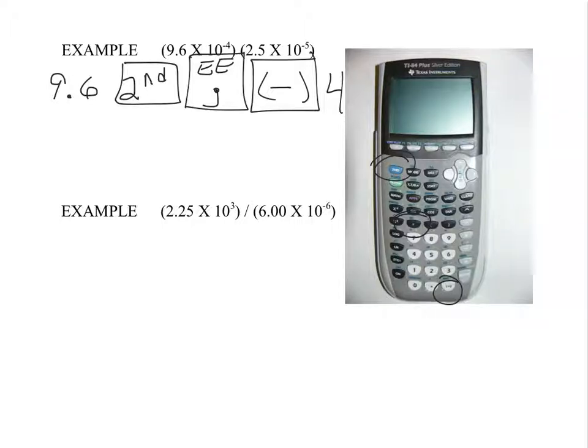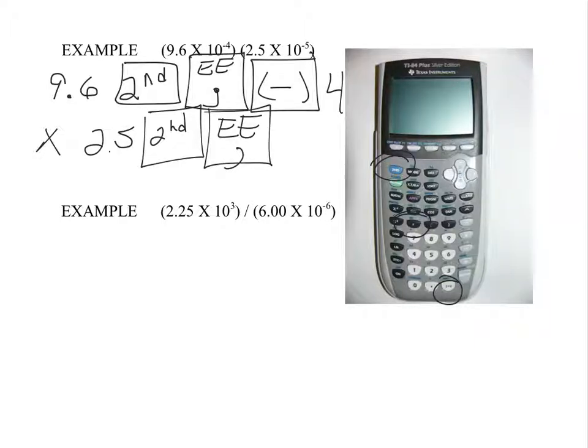So 9.6, second function, EE, negative 4, times 2.5, second function, EE. And again, by doing that, that's like saying times 10 to the, and then negative 5.